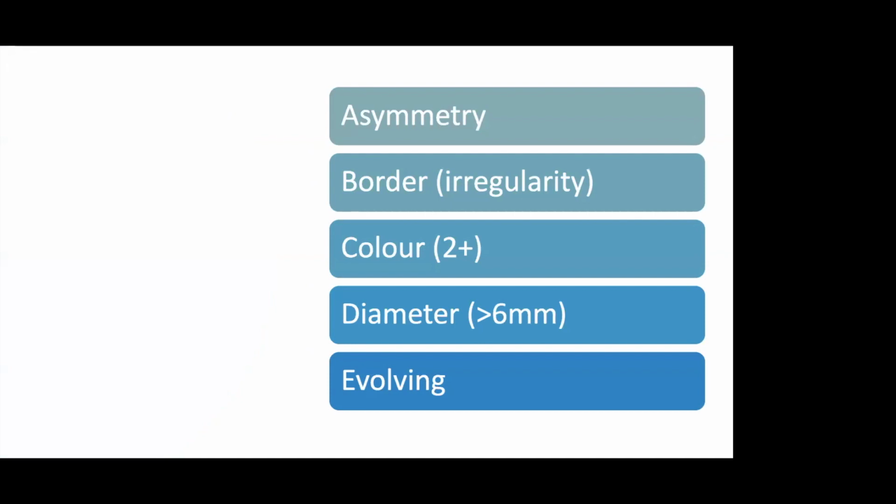Is there any evidence of that? Borders, are they well defined or are they poorly defined? Is there variability in the colour of the lesion, and what's their size? And in terms of evolving, is this lesion evolving? Is it changing in size or shape or features over time?